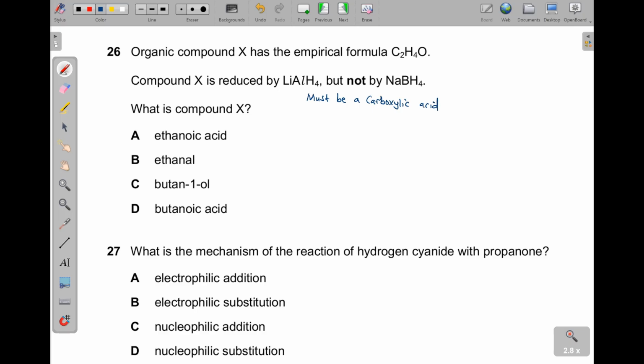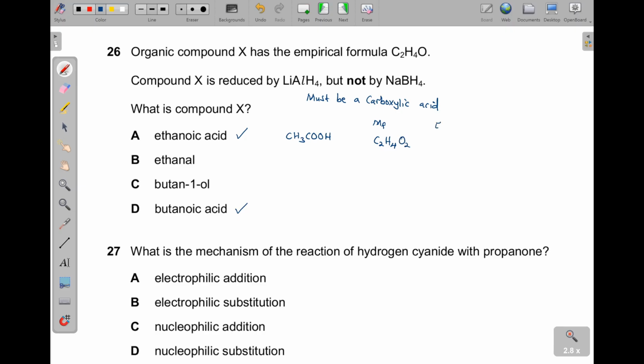So ethanoic acid is CH3COOH. That means its molecular formula, let me just write MF here, is going to be C2, then hydrogens are 4, and then oxygens are 2.